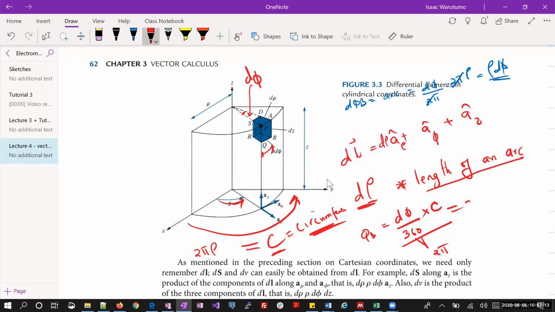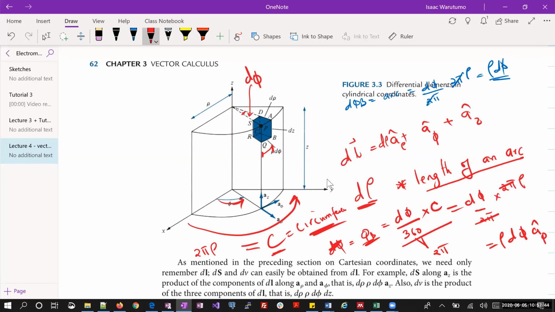So this goes to d phi over 2 pi times 2 pi rho. So the elemental length QB is going to be given by rho d phi. It is in the direction of A phi.